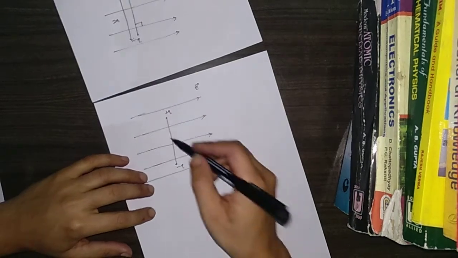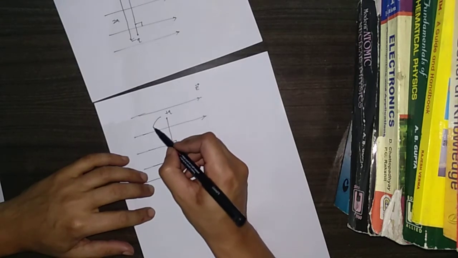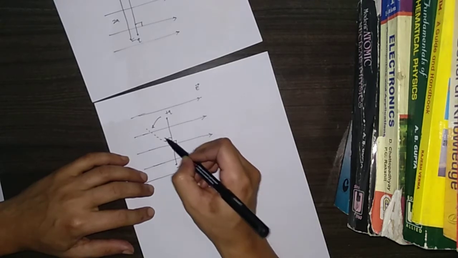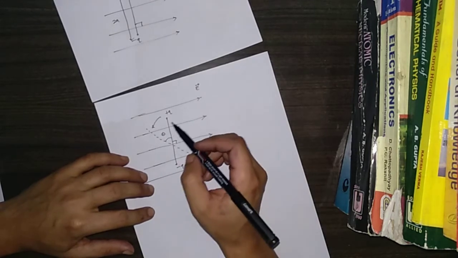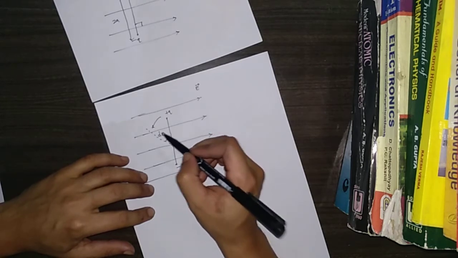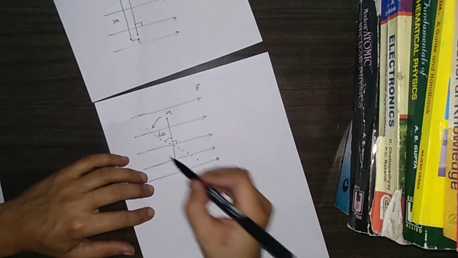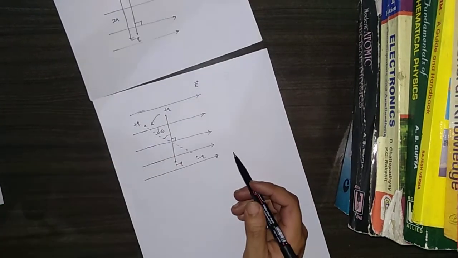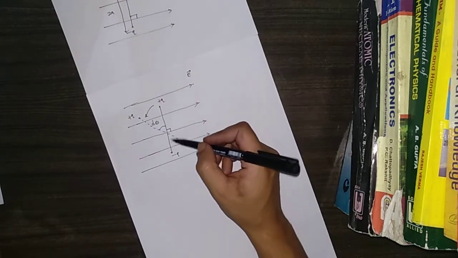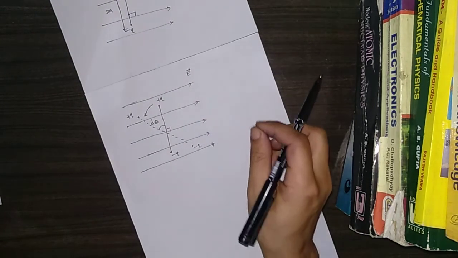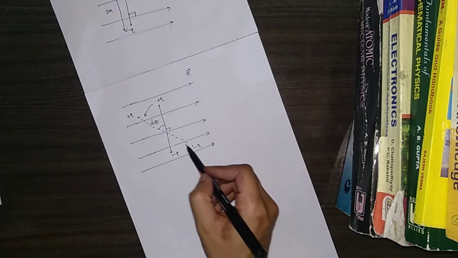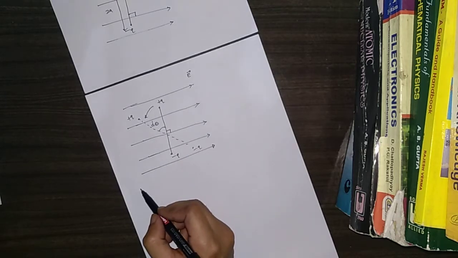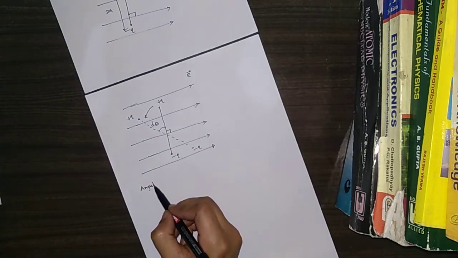Now what you are going to do is rotate it by an angle of d theta. Initially your dipole was in this position, you rotated it by an external force, and it got displaced by an amount of d theta. So the angular displacement is d theta.